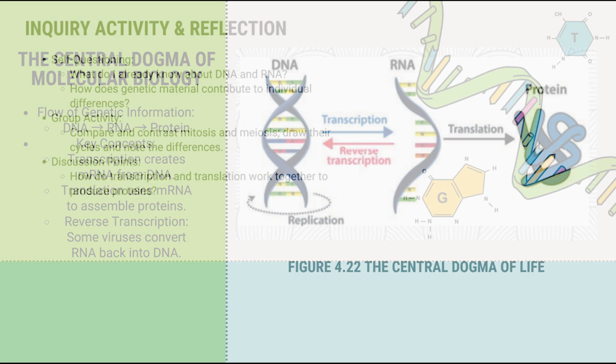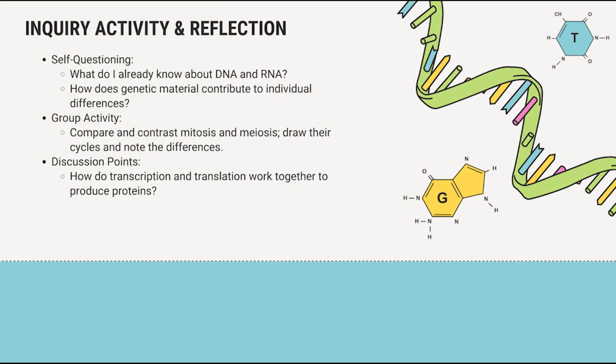Here we have inquiry, activity, and reflection. Before we wrap up, here are some questions to think about. The first one is, what do you already know about DNA and RNA? The second one is, how does our genetic material make each person unique?